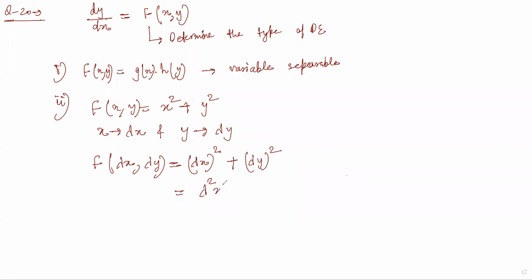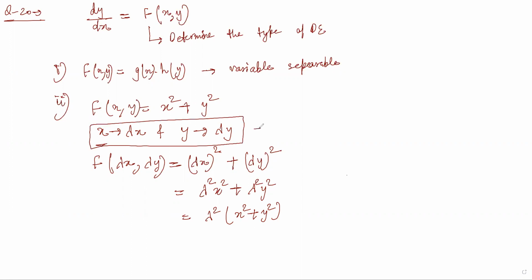Now, what I can do is I can simplify it further. I can take lambda square common, and this becomes lambda square into the original function x square plus y square, right? So any function of this kind, where you replace x with lambda x and y with lambda y, that is basically transformation of variable, right?